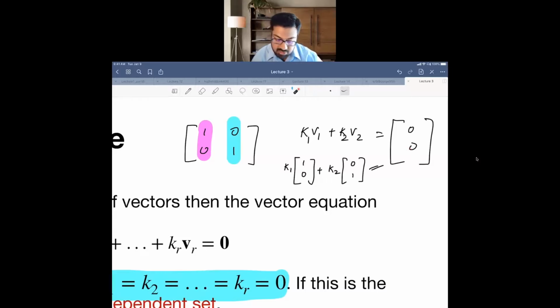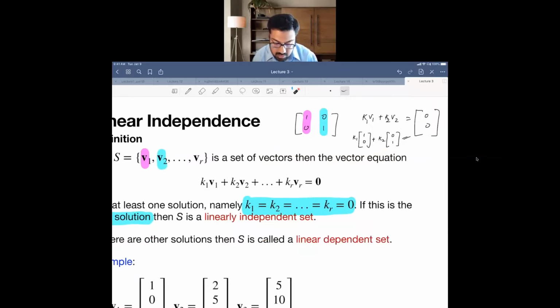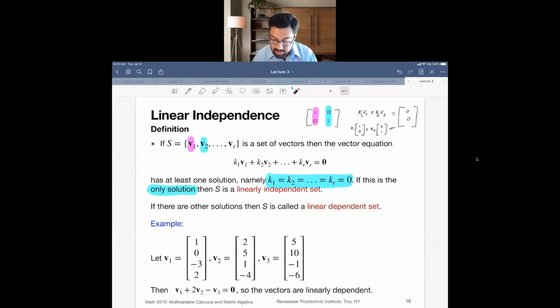So identity matrices have columns that are a linearly independent set, so it should only have one solution. If it has more than one solution, in other words, if it has any non-trivial solutions, then it is called a linearly dependent set of vectors.